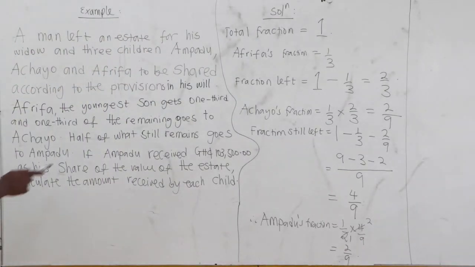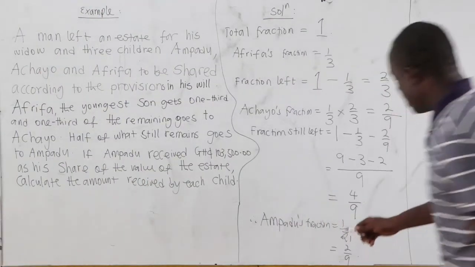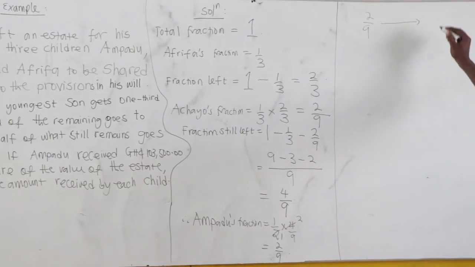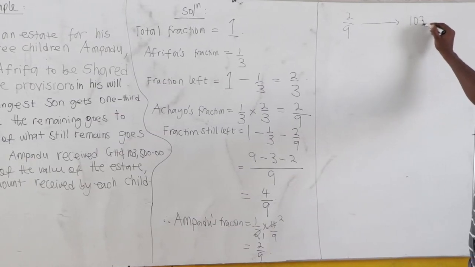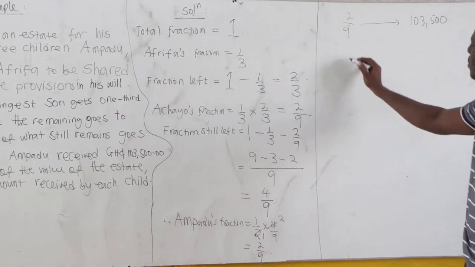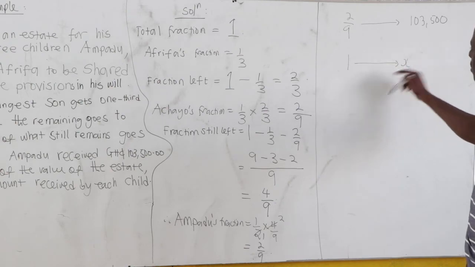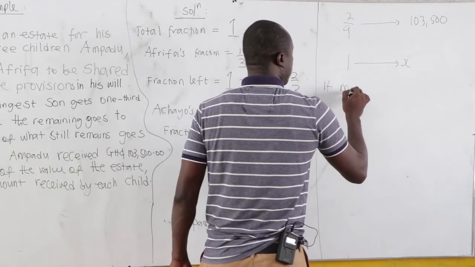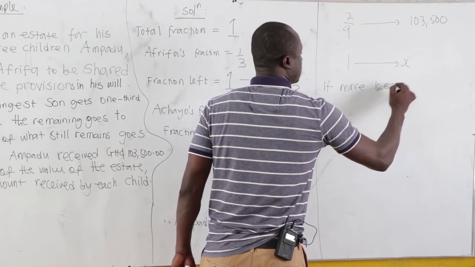Now, we are being told that if Ampedu received 103,500, hence, Ampedu's fraction will correspond to the amount that Ampedu received. So 2 over 9 will correspond to the amount received by Ampedu, and then 1 is the total. Now 2 over 9, 1 is more, so if more, let's divide.